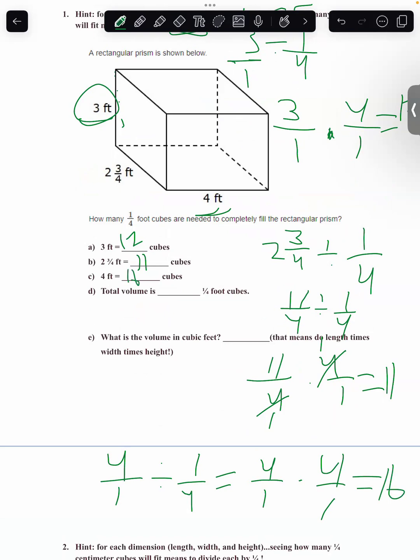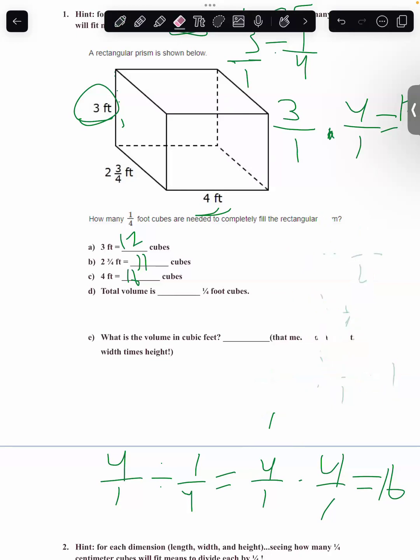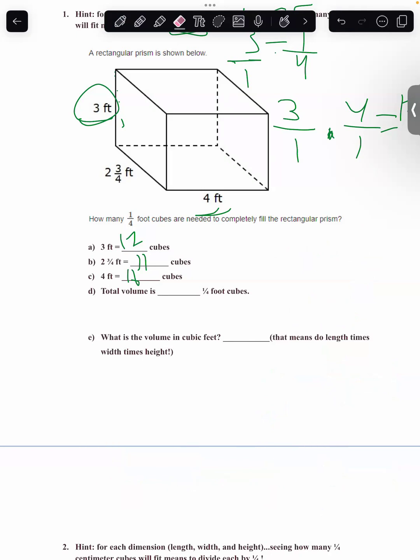Therefore, the total volume of the little cubes is going to be the 12 times the 11 times the 16. That is how many of the 1/4 foot cubes would fit. So you're taking the length times width times height. So 12 times 11 times 16. 12 times 11 is 132, times 16.